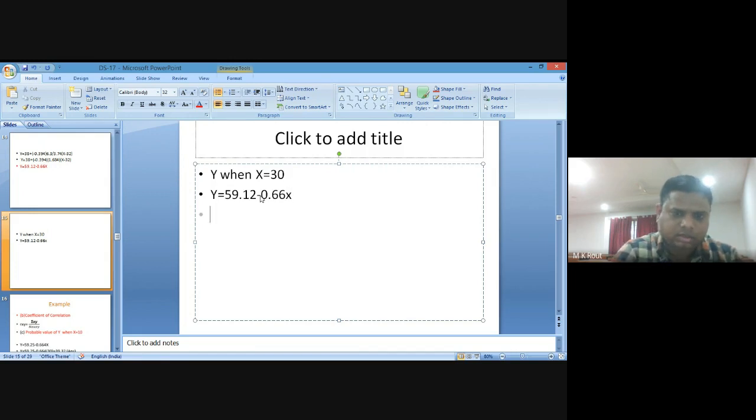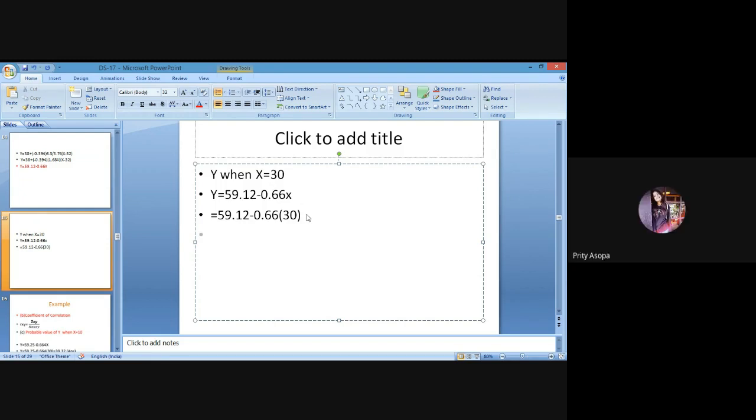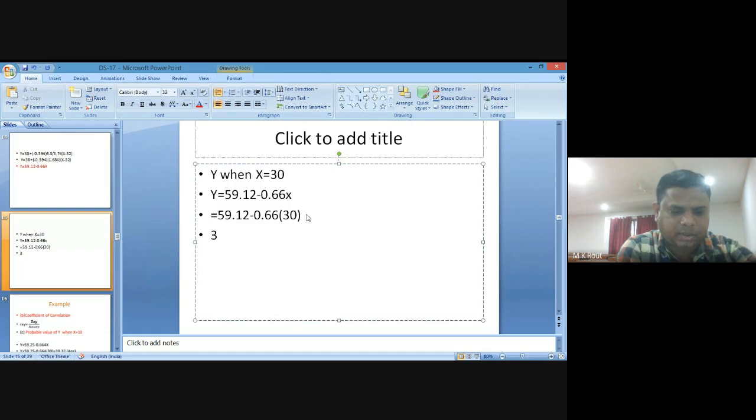Here we can directly put the value: 59.12 minus 0.66 into 30. Just calculate the answer. It is 39.32. So 39.32 is the answer of y when x is equal to 30. Is it clear?